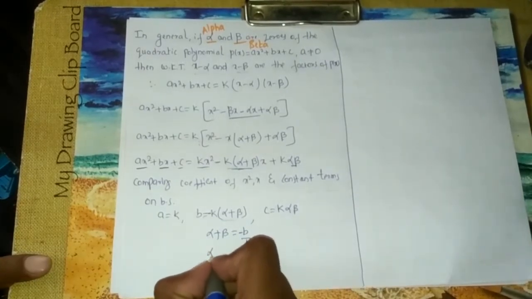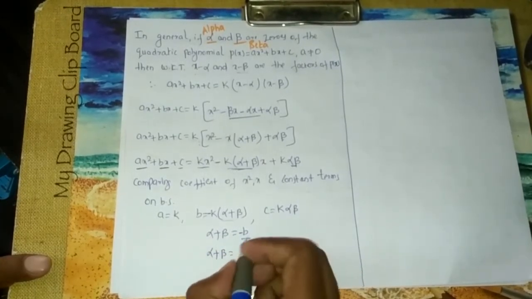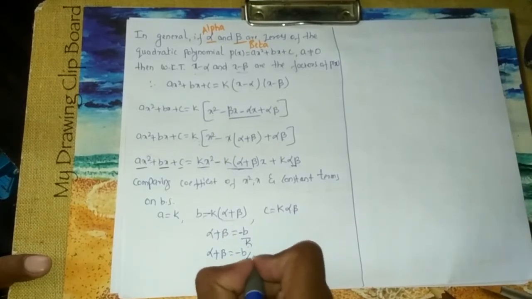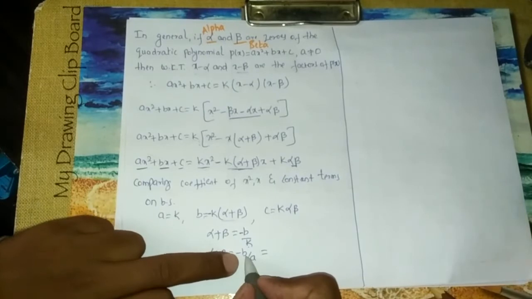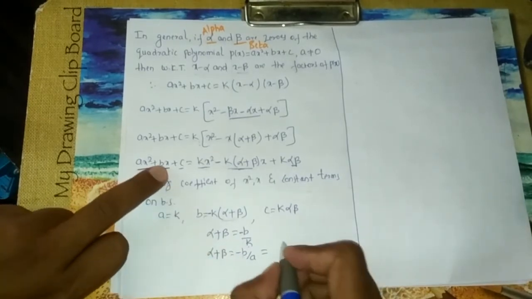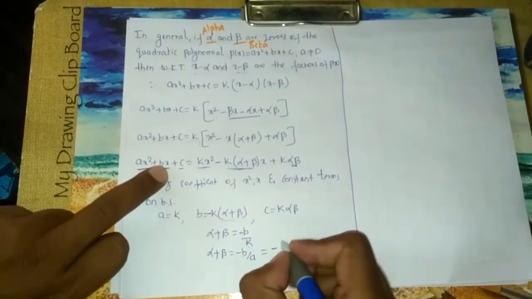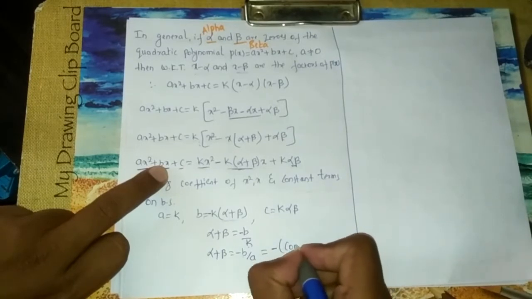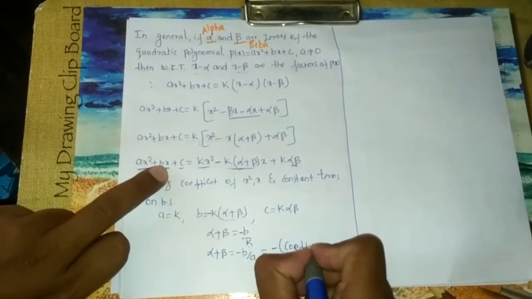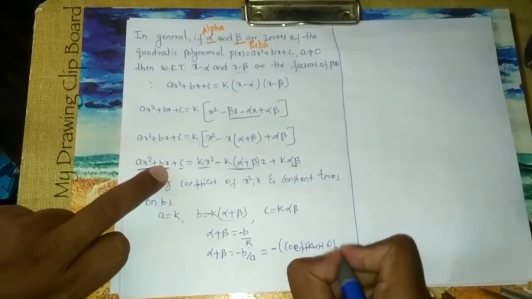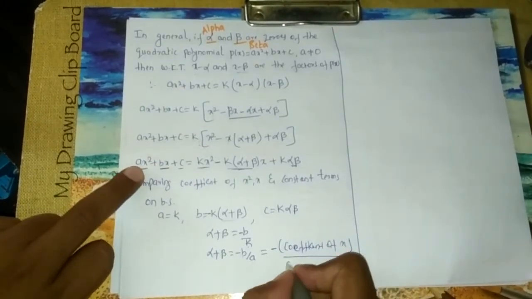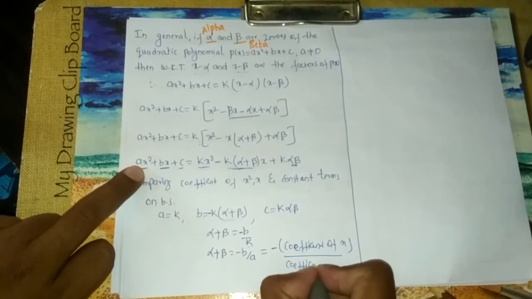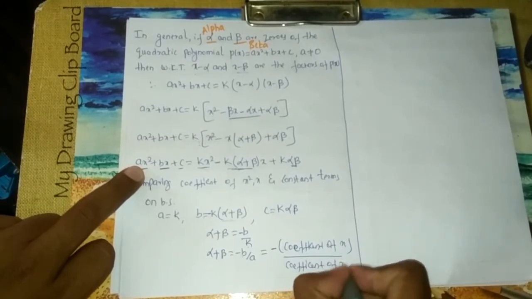So alpha plus beta equals minus b by a, where b is the coefficient of x and a is the coefficient of x square.